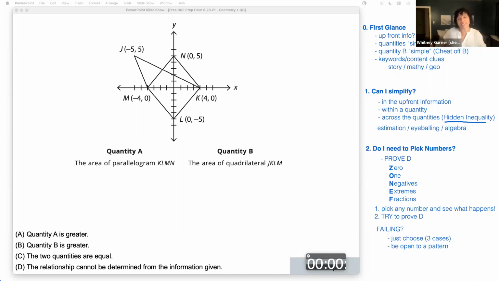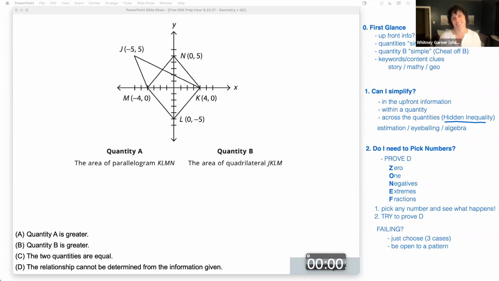So a couple of lessons about a problem like this one. One, it's coordinate geometry, so I can trust my eyeballs. Good news. Second, if they ask you about something like area of a shape and you don't have a formula for that, for example, there is no formula for the area of a quadrilateral.